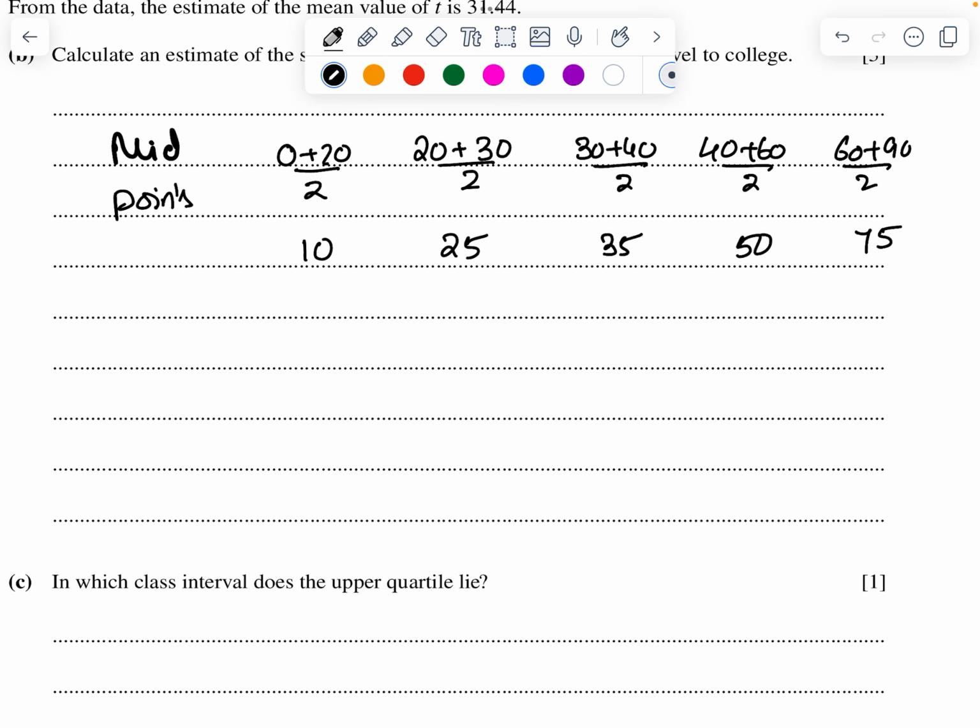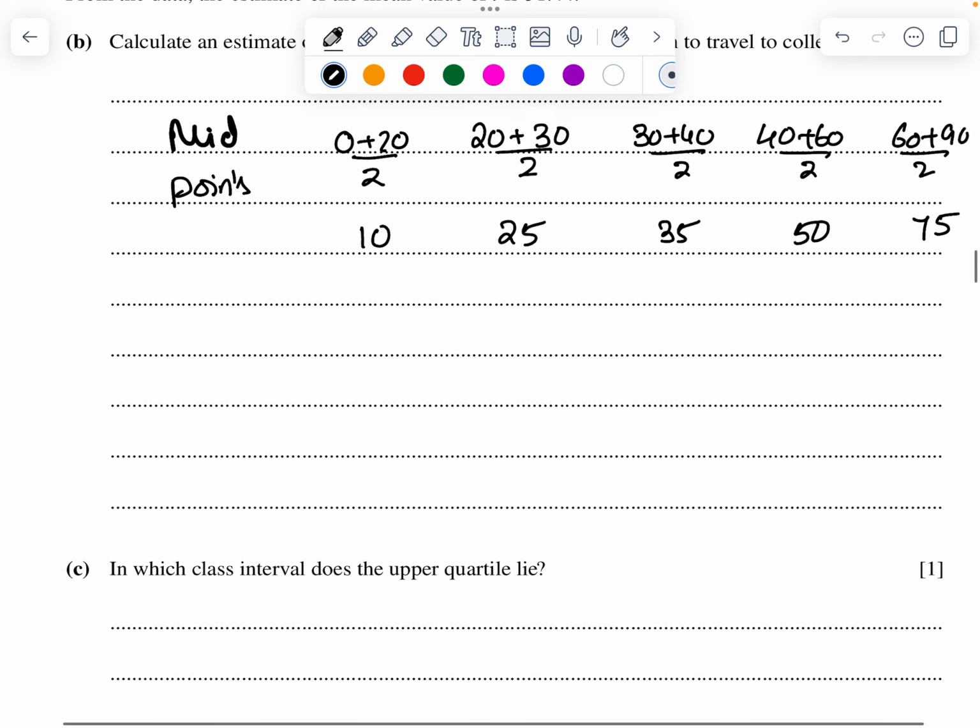Now the mean is given as 31.44. So calculate the standard deviation.